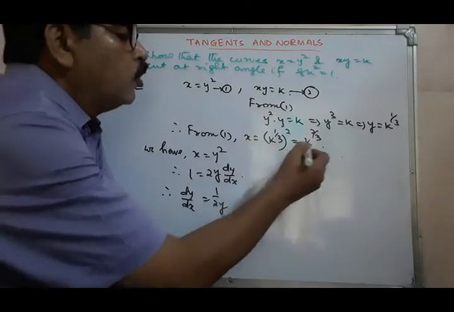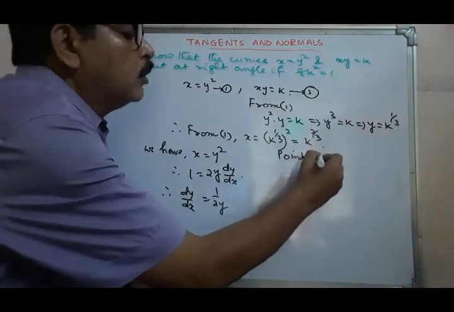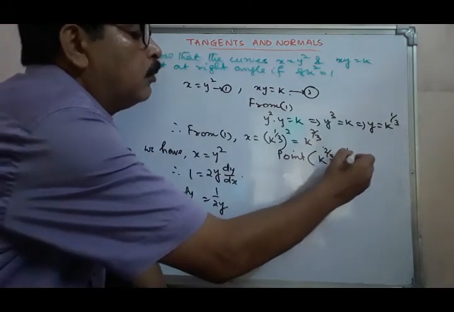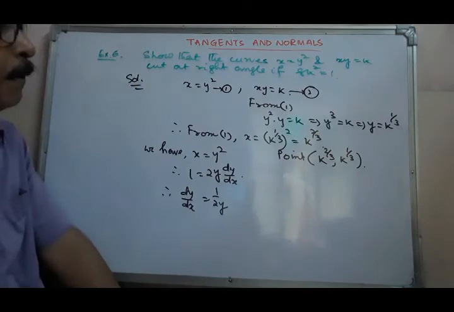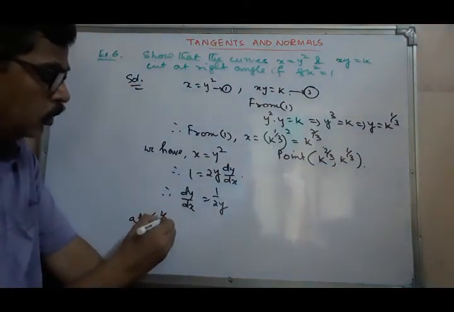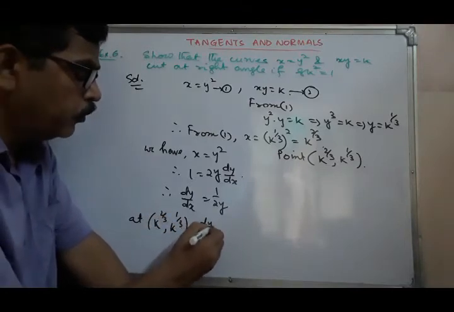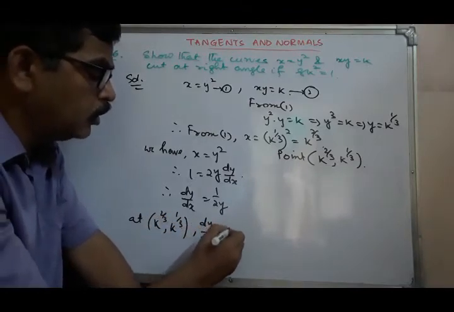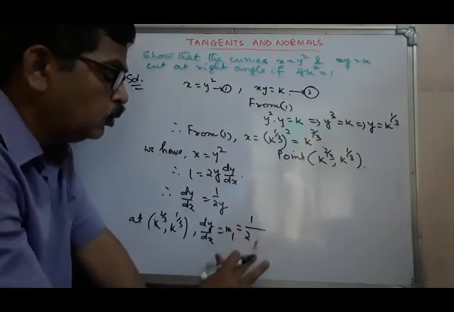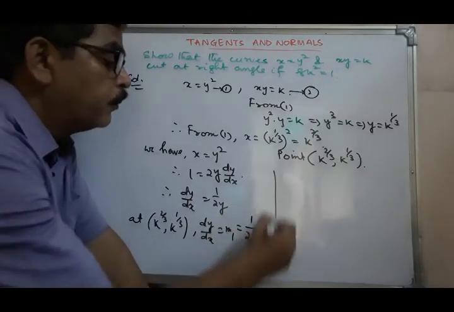Here we got x, so the point we got is k to the power 2/3 and k to the power 1/3. Now at k to the power 2/3, comma k to the power 1/3, slope dy by dx, say it is m1, is 1 by 2y. Y means k to the power 1/3.